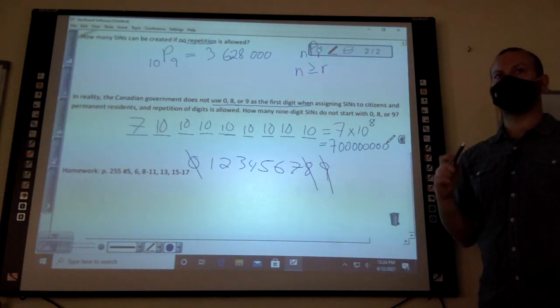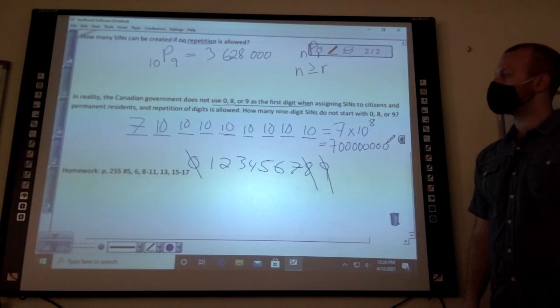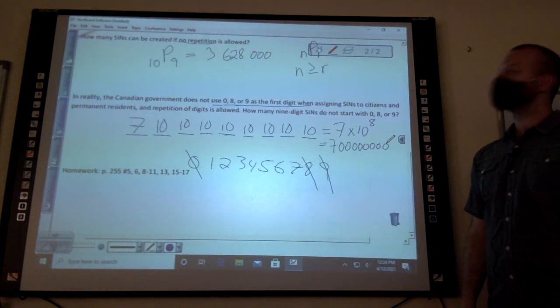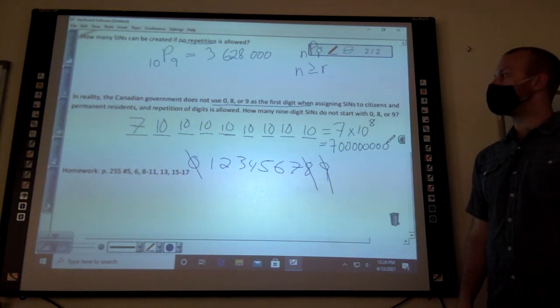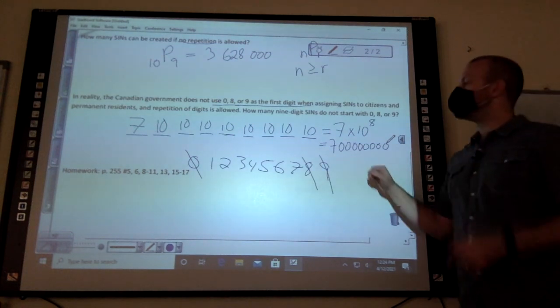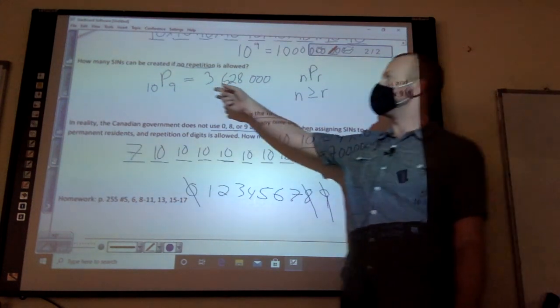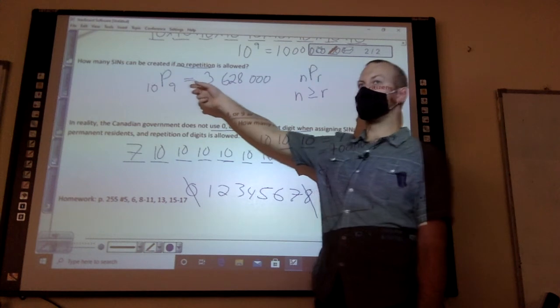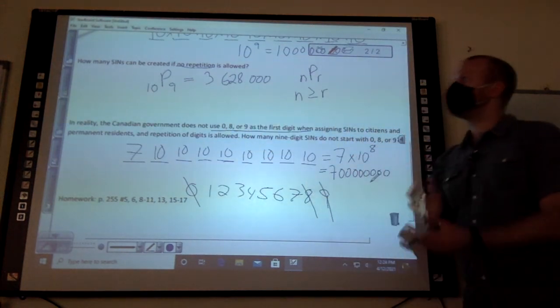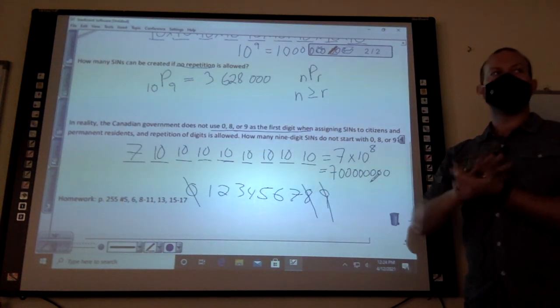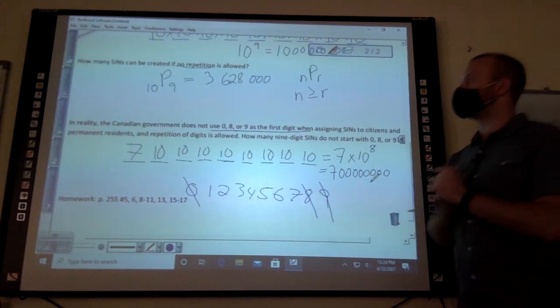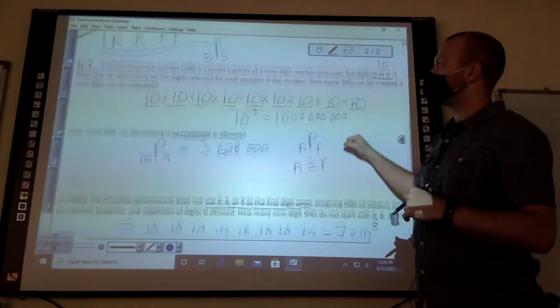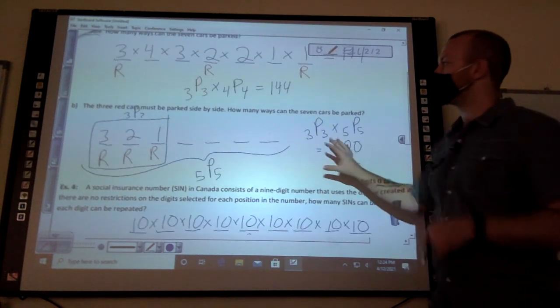Questions on that? Okay, so that's the section. Really the tricky part with this is going to be deciding in which case I can simply use the permutation. That will be when there's no repetition and there aren't any other kinds of restrictions.